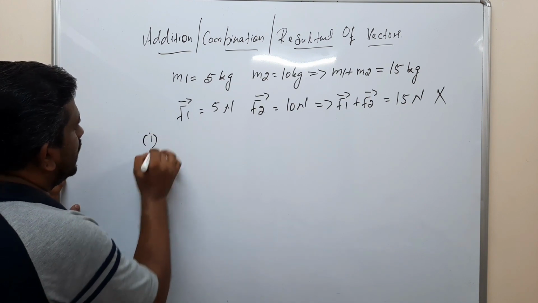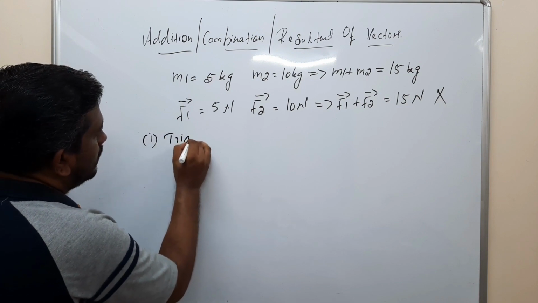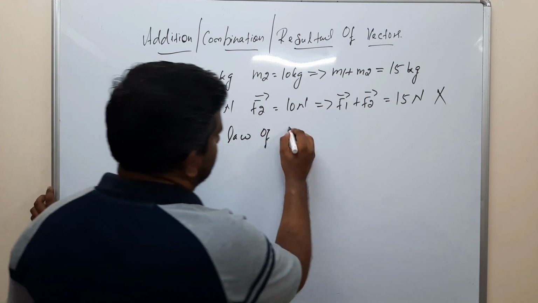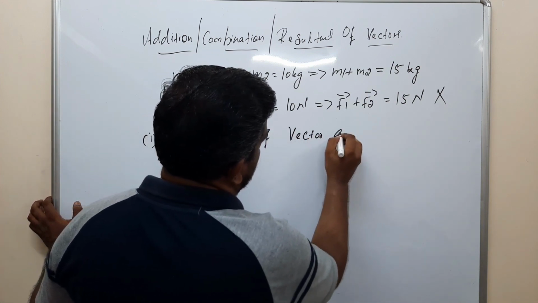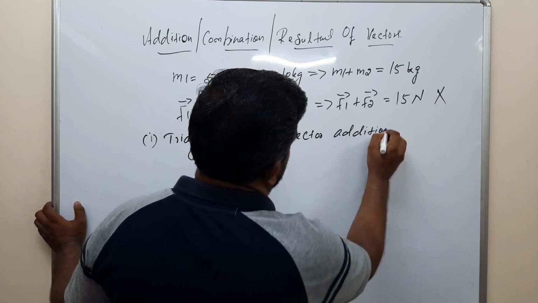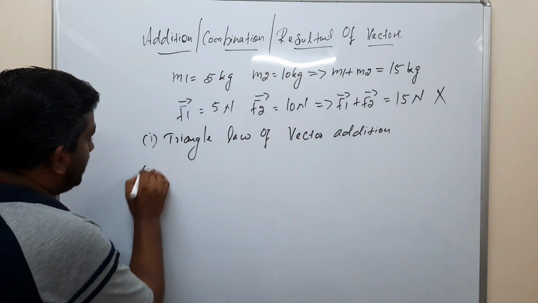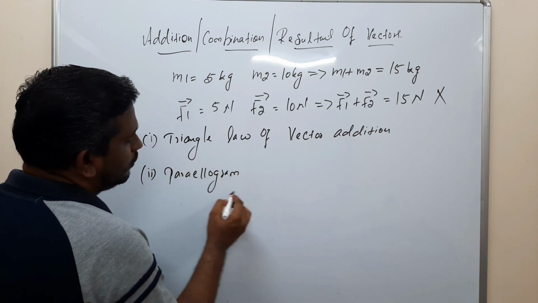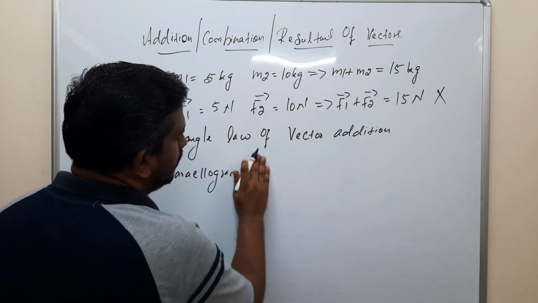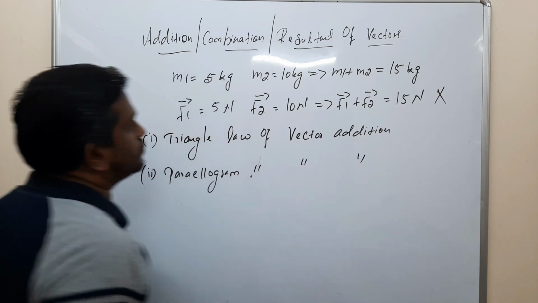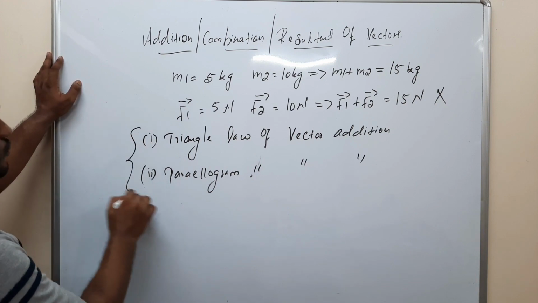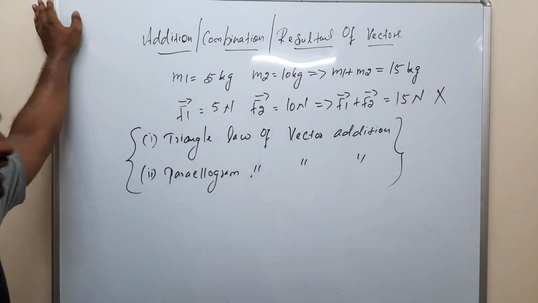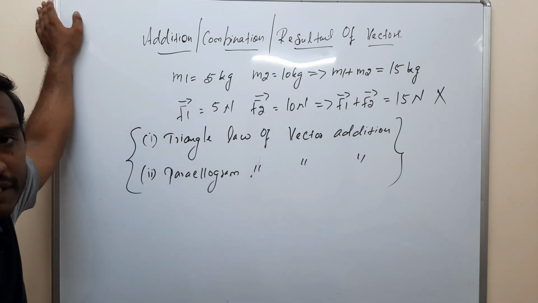One is the triangle law of vector addition, and two is the parallelogram law of vector addition. These are the two laws we use for finding the resultant of vectors.